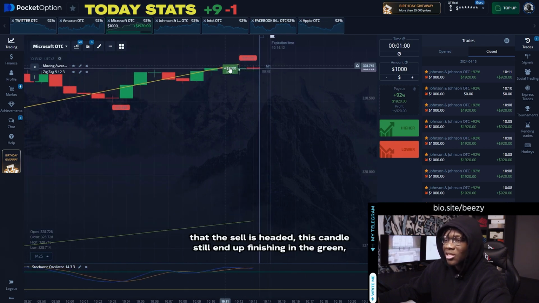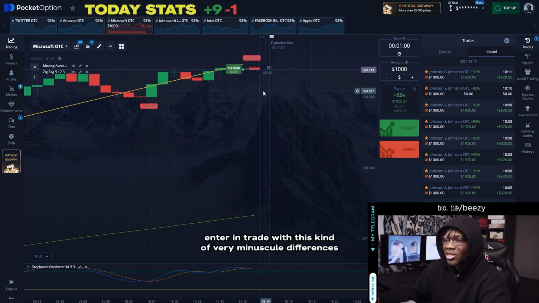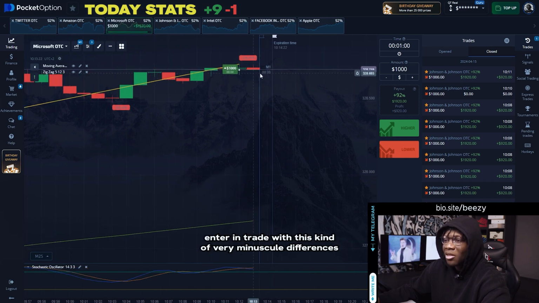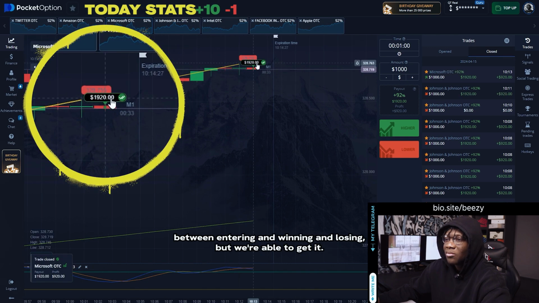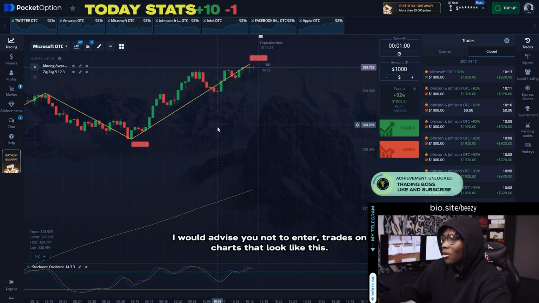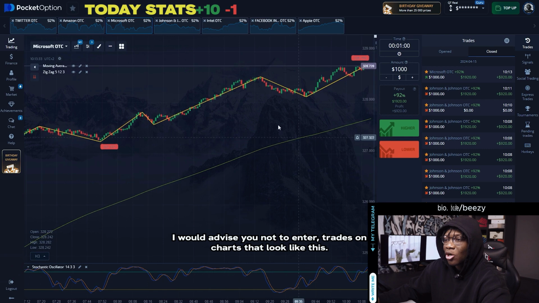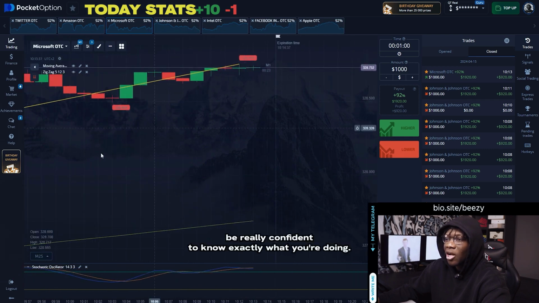Because despite the fact that the sellers had it, this candle still ended up finishing in the green. It's a little bit more difficult entering trades with this kind of very minuscule differences between winning and losing. But we're able to get it. I would advise you not to enter trades on charts that look like this. You have to be really confident to know exactly what you're doing.